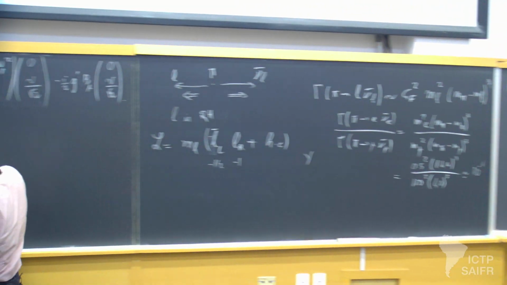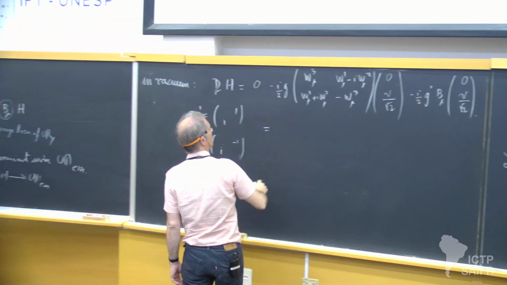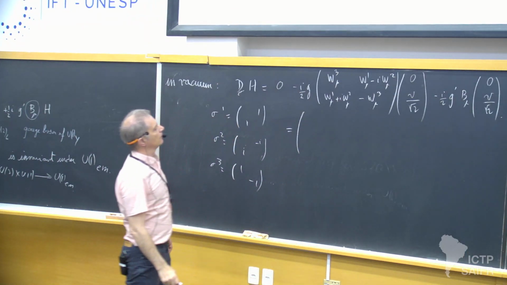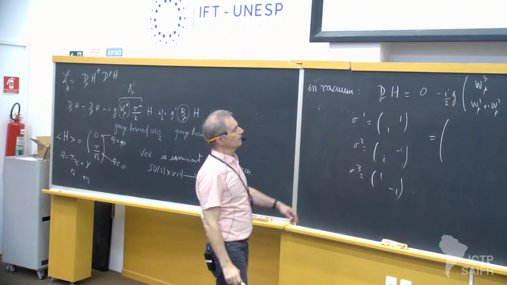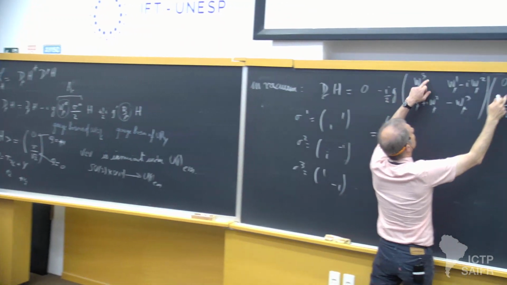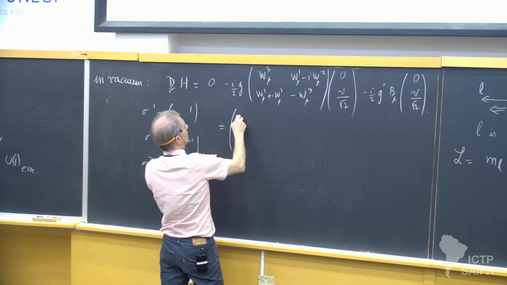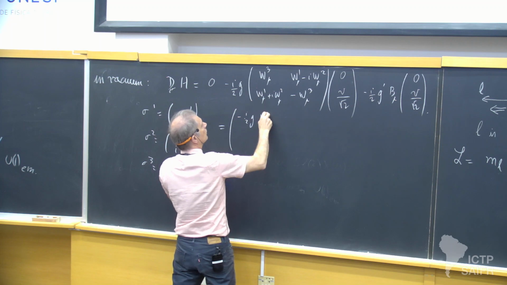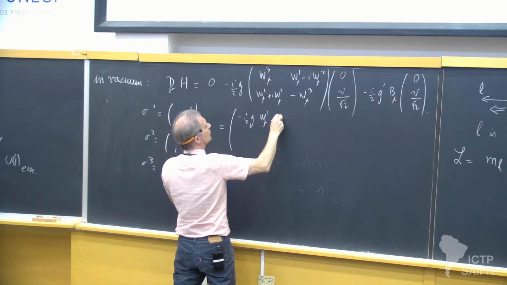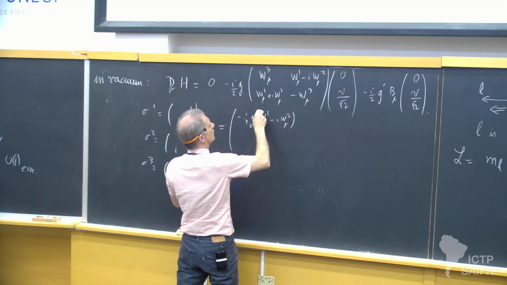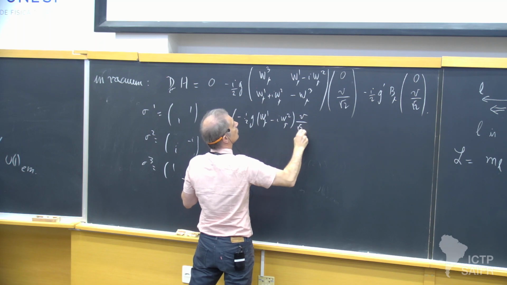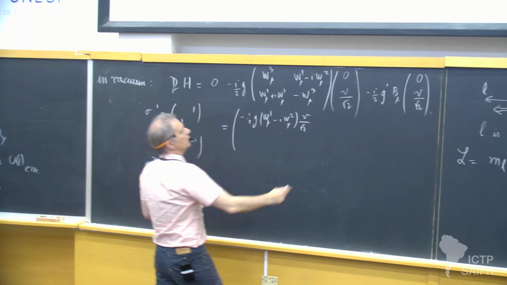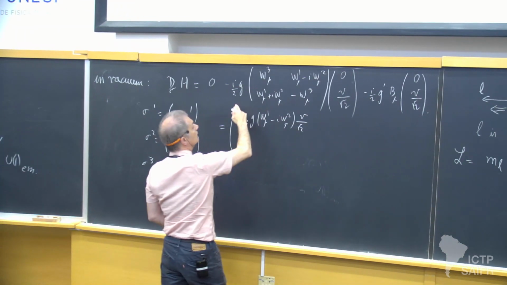Okay, so let's see what I get. Here I get a vector again. So it's 0, 0. Minus I over 2 G W mu 1 minus I W mu 2 V over square root of 2. Here I don't get anything.